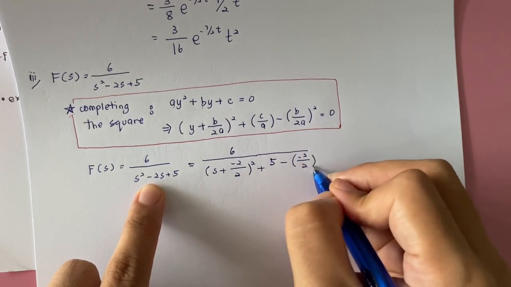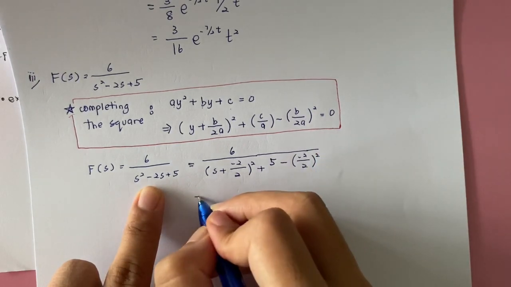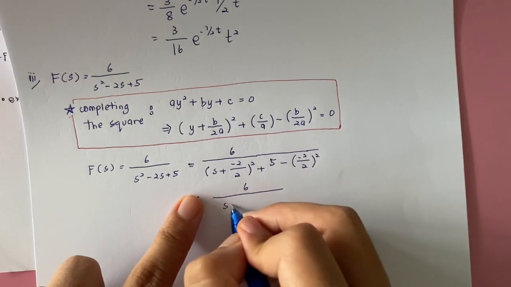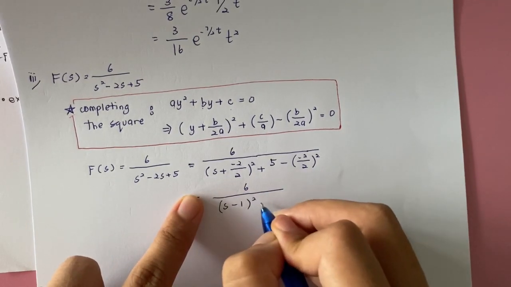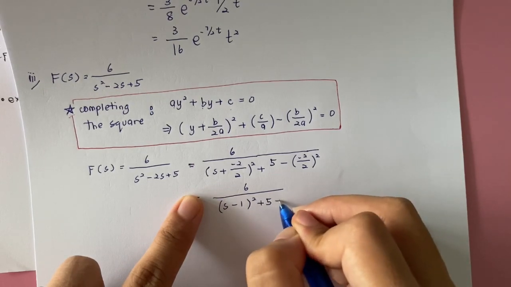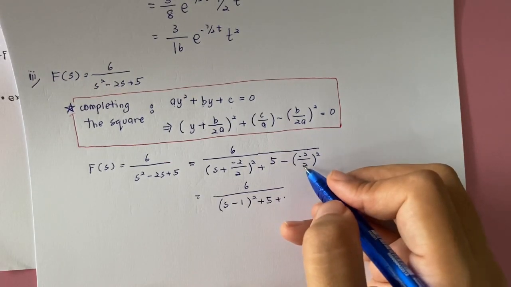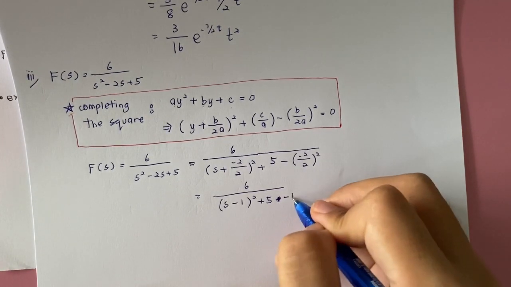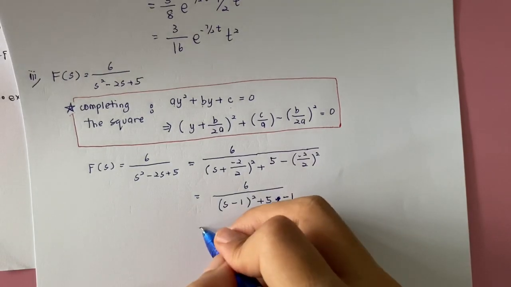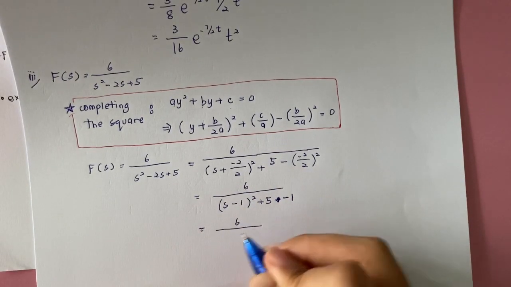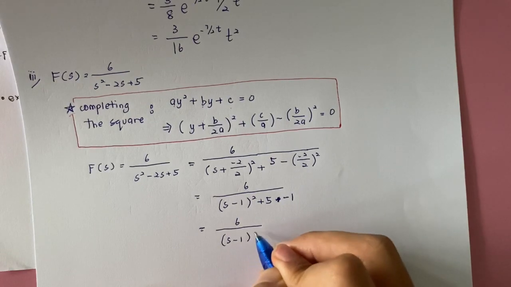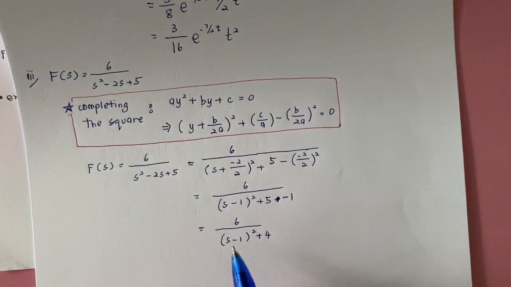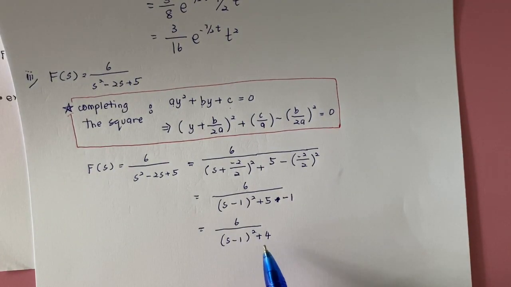Again, we have 2 multiplied by 1, square. So this is 6 over s minus 1 square plus 5 plus minus 2 over 2 is minus 1, square is positive 1. So you have minus 1. Okay, so this is 6 over s minus 1 square plus 4.